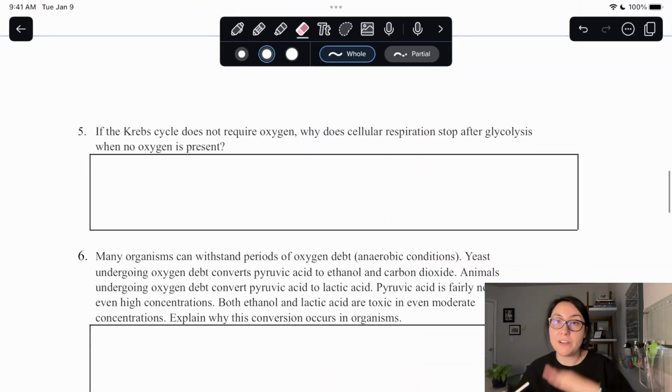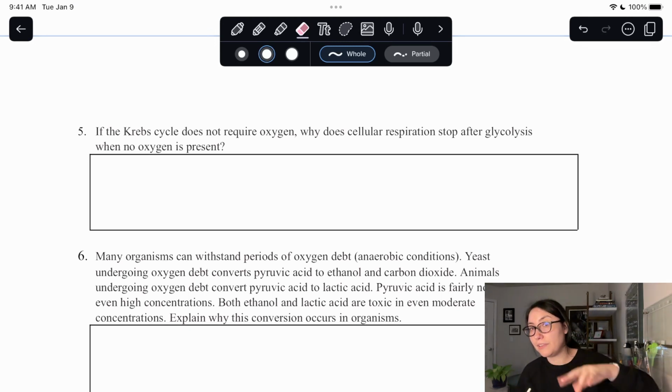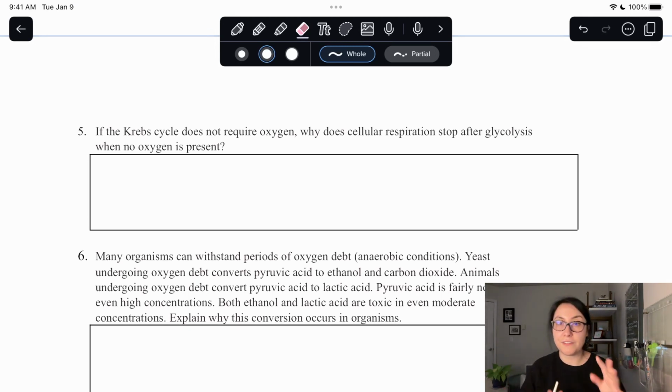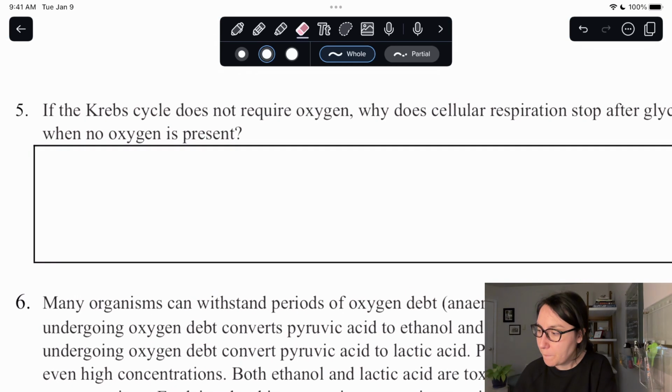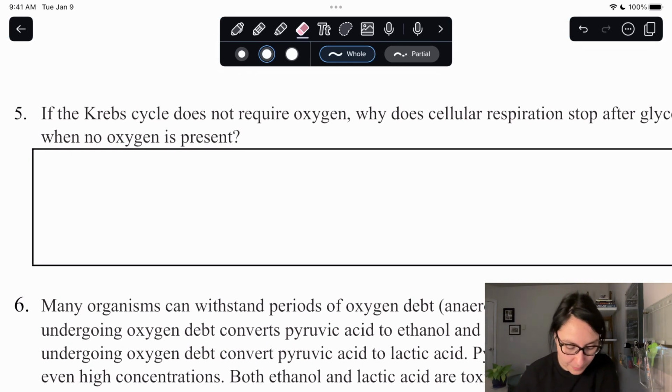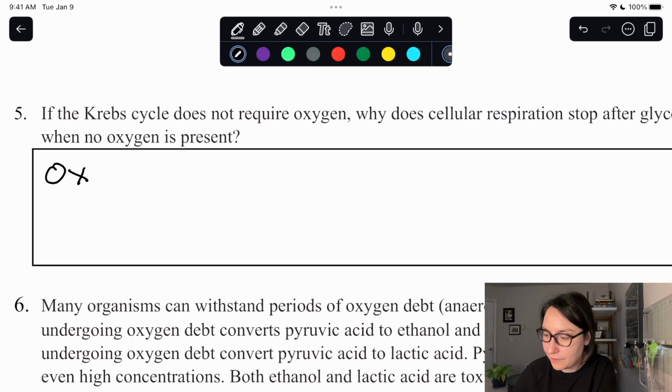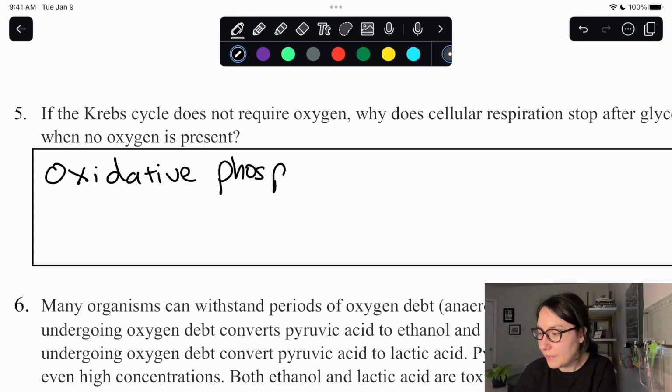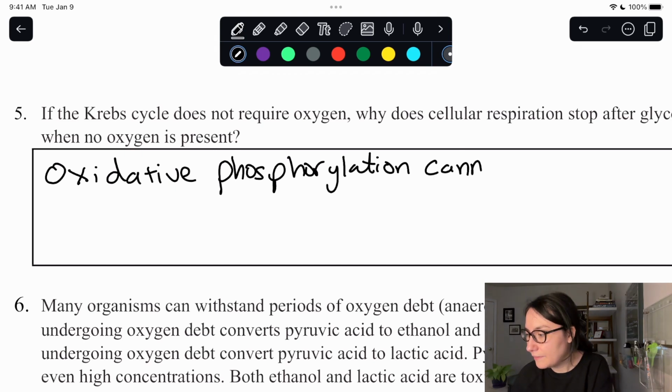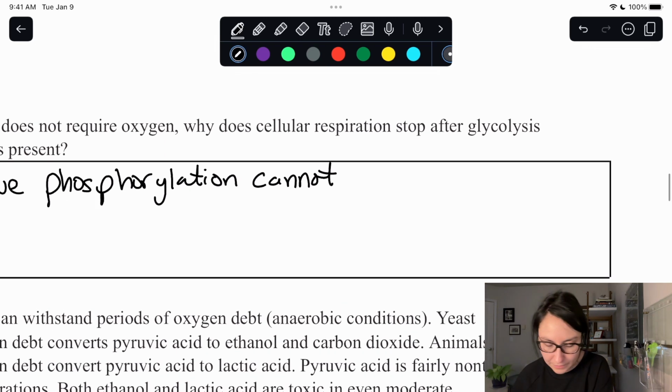And by the way, if you want me to go back and have you kind of review this, just let me know, say something in the chat, and I'll go ahead and do that. Okay? So why does it stop? And it is because, and I'm going to go ahead and write it all out, oxidative phosphorylation cannot occur.